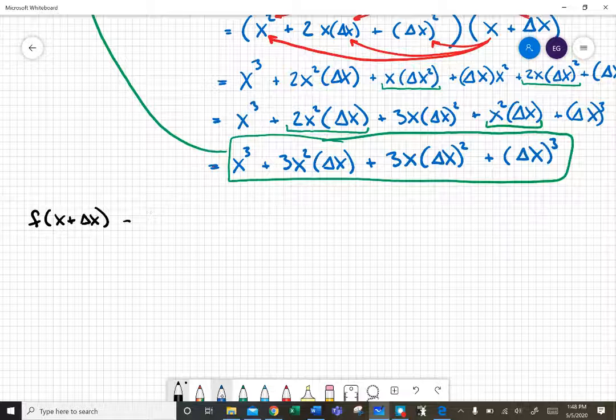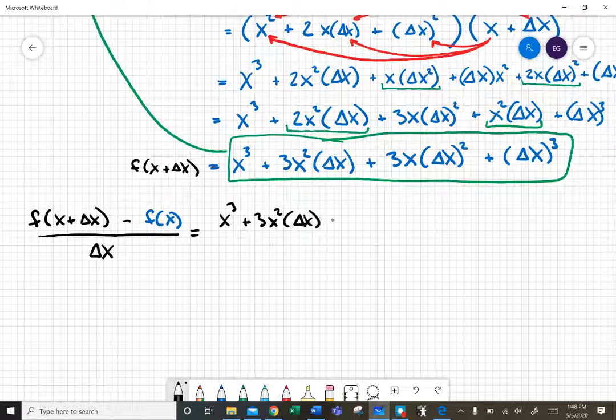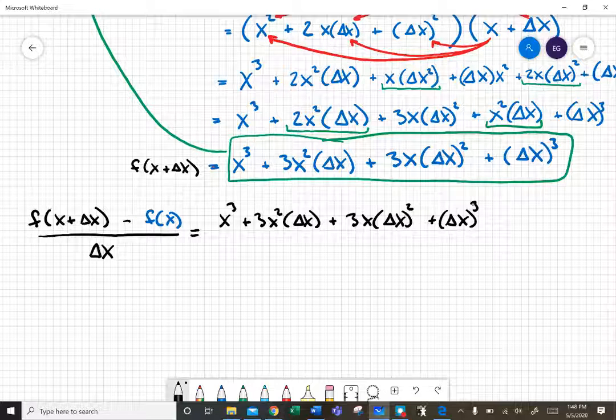So our f of x plus delta x is here: x cubed plus 3x squared delta x plus 3x times delta x squared plus delta x to the third power.